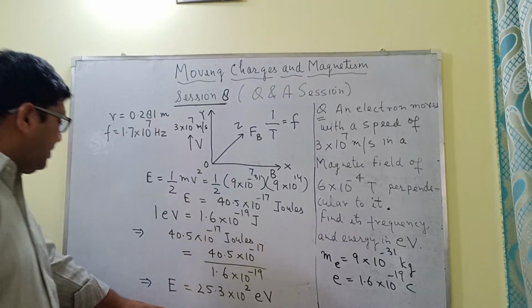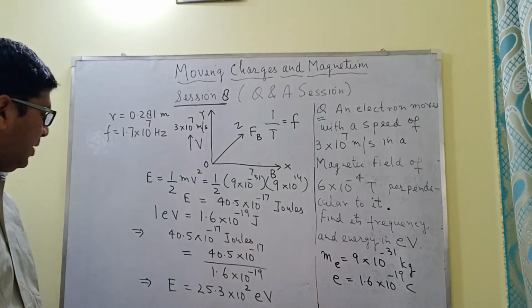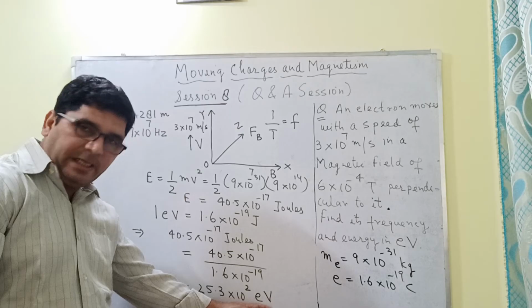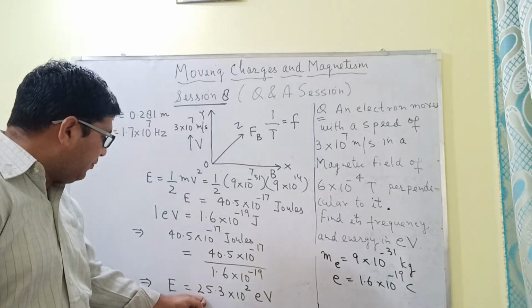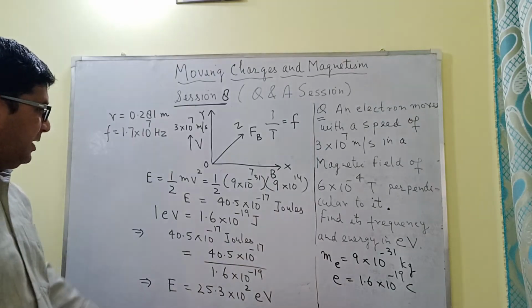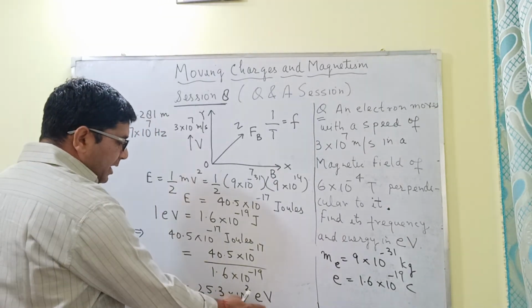Okay? So the energy of the electron in terms of electron volt will be equal to 25.3 into 10 to the power 2 electron volt.